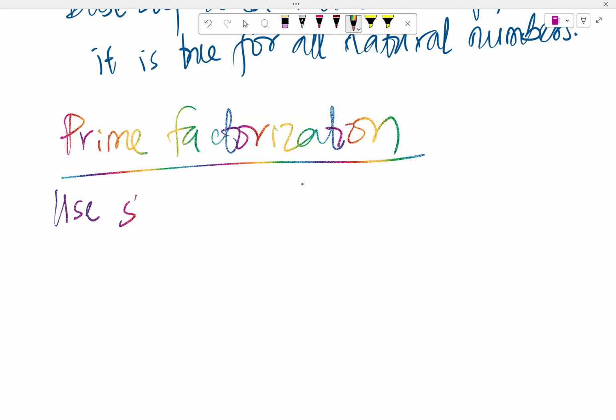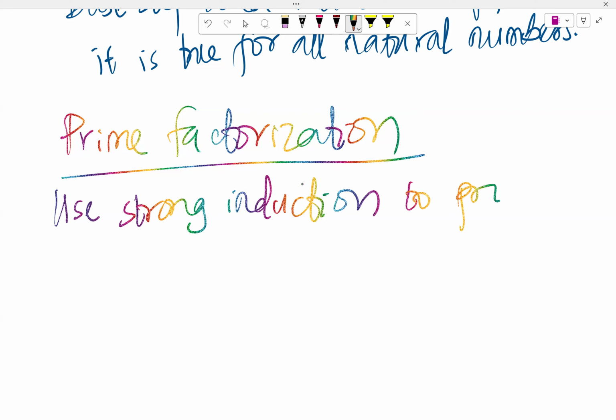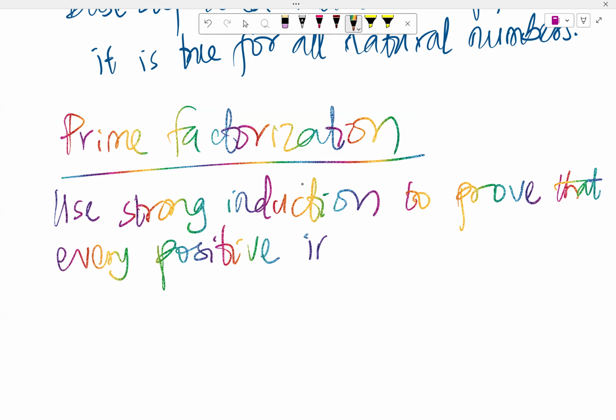So this question says to use strong induction to prove that every positive integer, that's natural number, right?